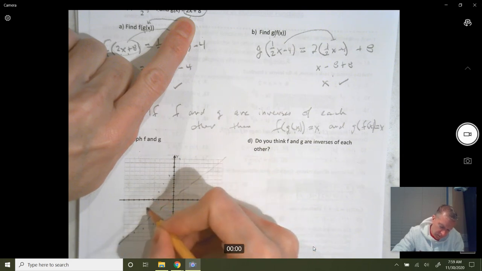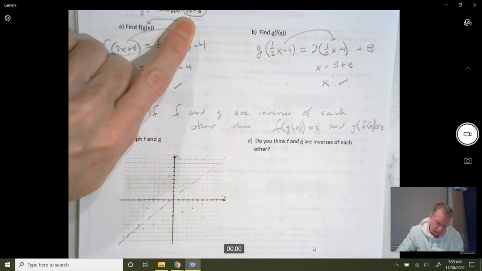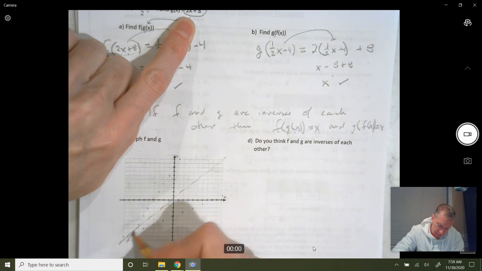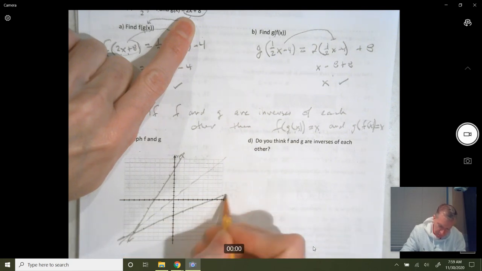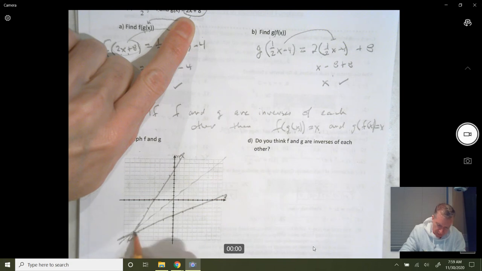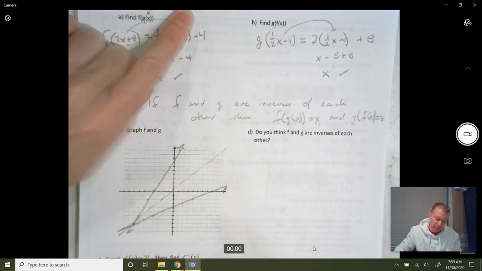If they intersect, which they will, they should intersect on this line. And that point right there is on your line: -8, -8. You can see that they're reflections over that line.